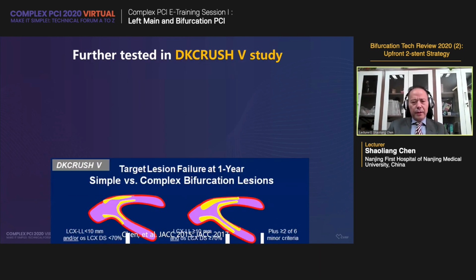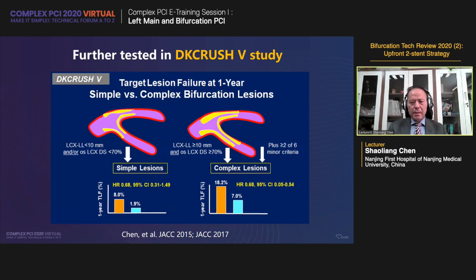This criteria was further tested in a subgroup analysis from our DK CRUSH V study, where we got a very significant difference between DK crush and the provisional group for distal left main Medina 111 and 011 bifurcation lesions. According to the definition criteria, patients in the complex group had a pretty high 1-year TLF in the provisional group: 18.2% compared to only 7% in the DK crush group.